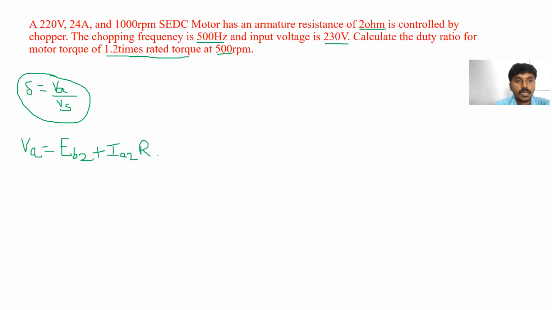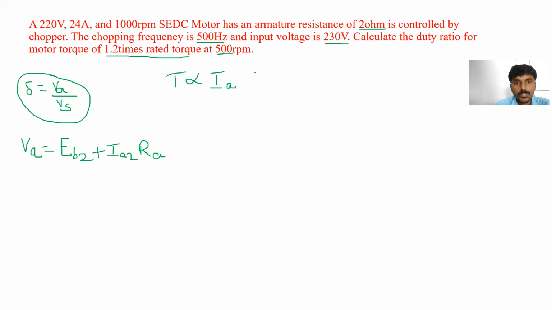IA2 into RA. Why have we written IA2? Because the motor torque changes to 1.2 times the rated torque, so the current also changes, because current and torque are directly proportional. T is proportional to IA.